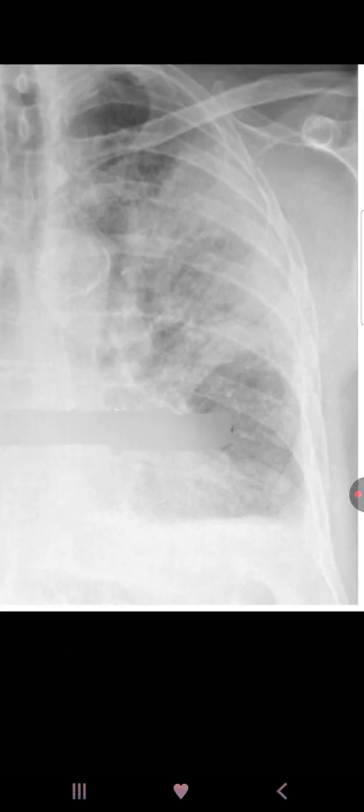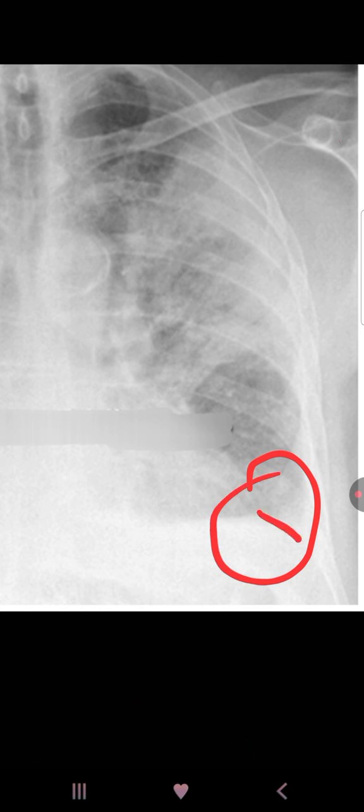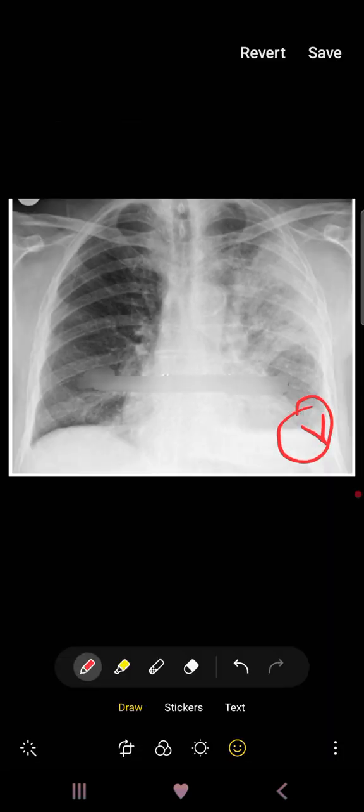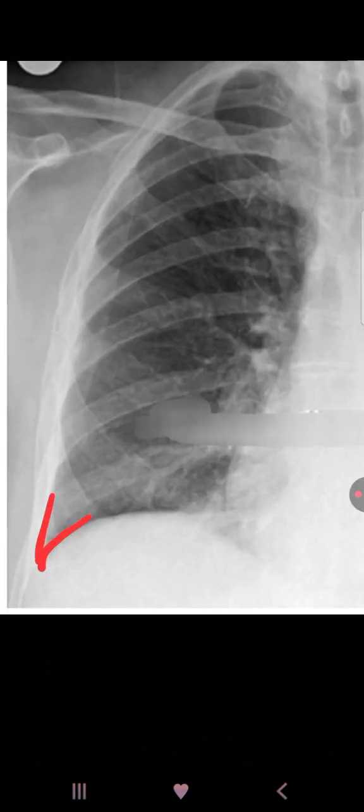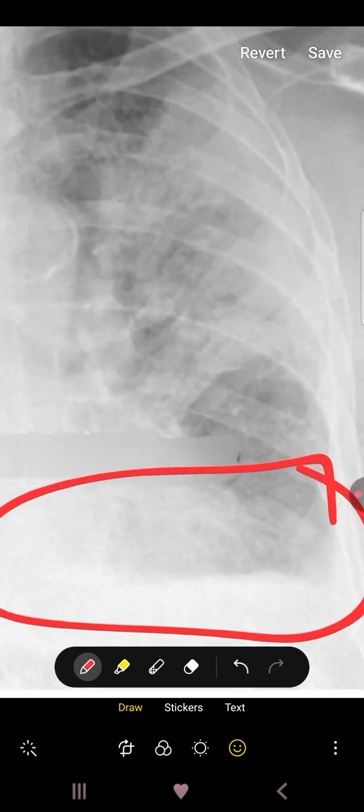Now how do you differentiate pleural effusion from the normal haziness of the infective process? You look at the costophrenic angles. If the costophrenic angles appear clear, if you can appreciate them, that means pleural effusion has not occurred. Whenever a pleural effusion occurs, it always settles down in this area due to gravity, and these angles become blurred, obliterated.